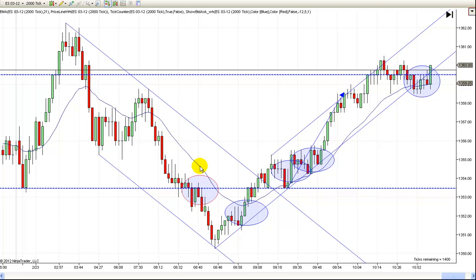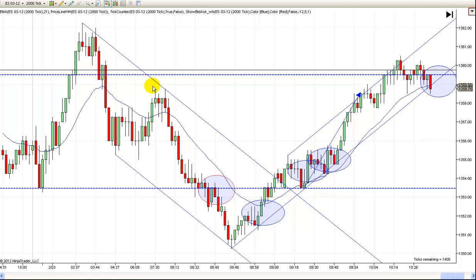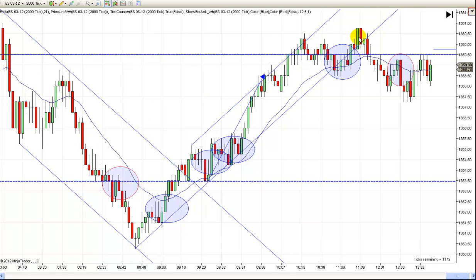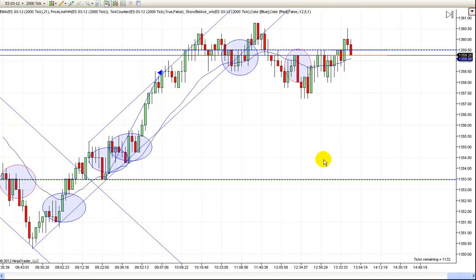This is a counter trend trade, and so I would have called this a trending market at this point. Even though it's only a short-term trend, it's still a trending market. And up until right in this area, this was a trending market in this direction. Now I'd call this a ranging market.